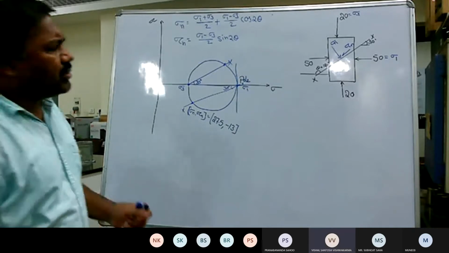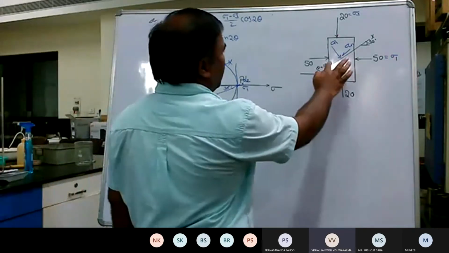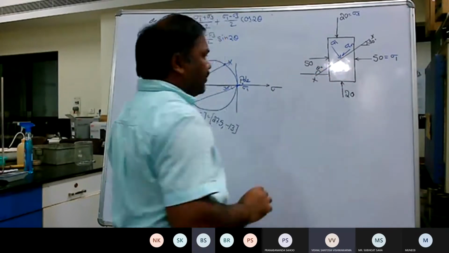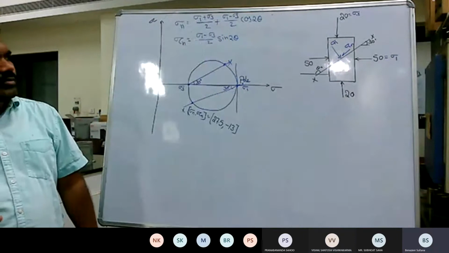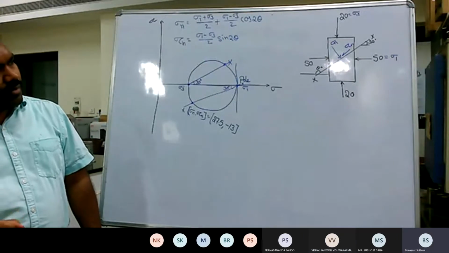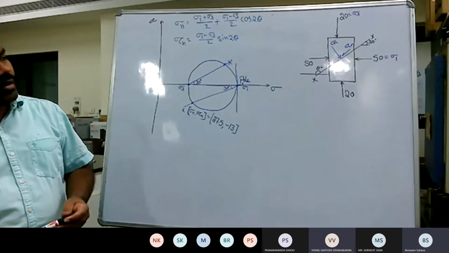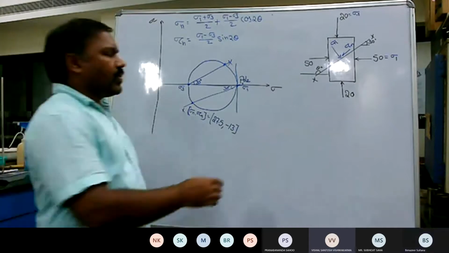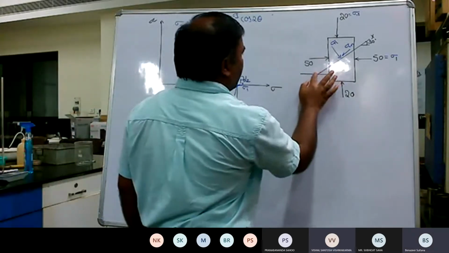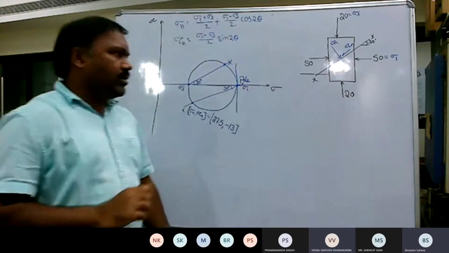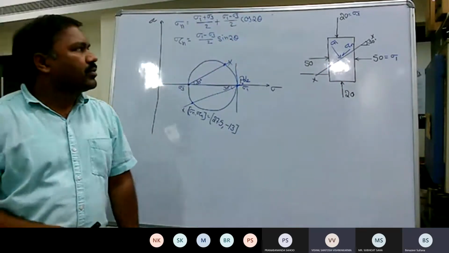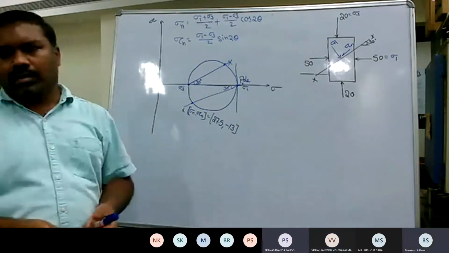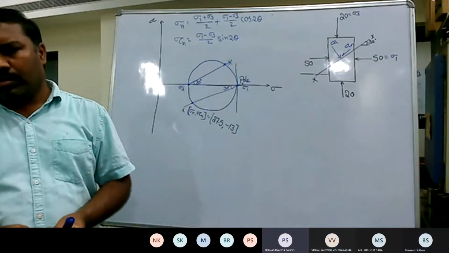But sir, why 120? 180 minus 30 is 150, no sir? We have to consider theta with respect to the major principal stress, so we will get 60 degree with the major principal stress. When we put 2 theta in the formula, then it will definitely be 120, sir. 2 into 60. In that formula we use the theta corresponding to the major principal plane only.